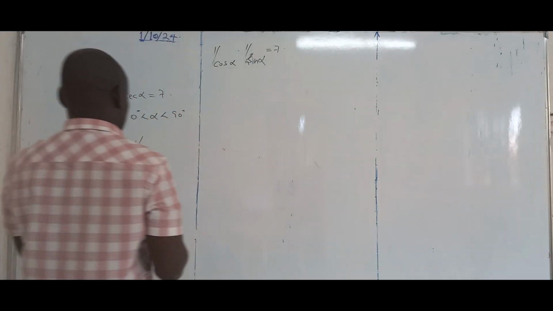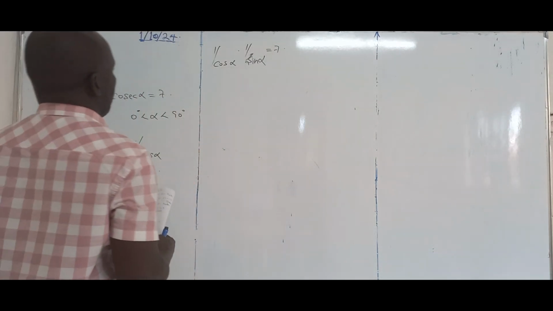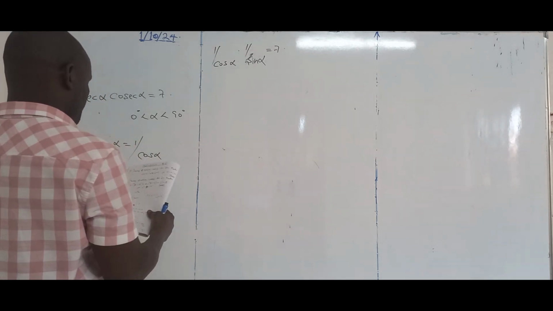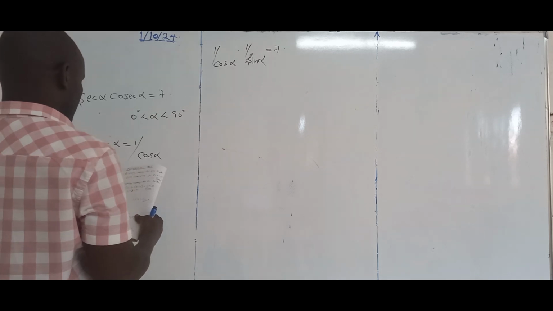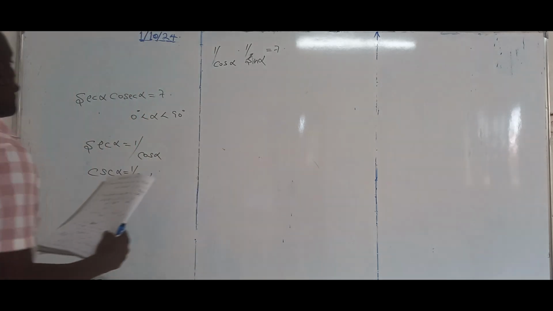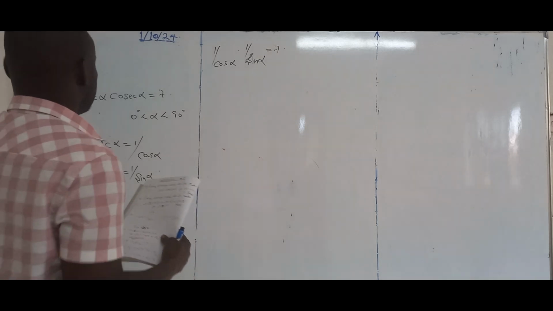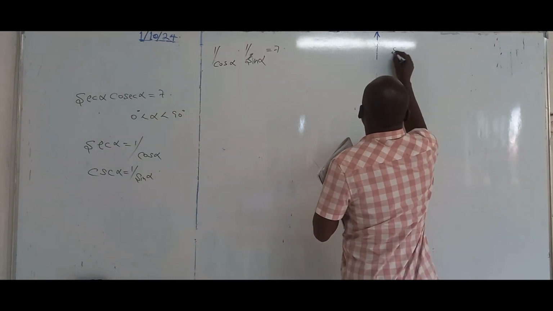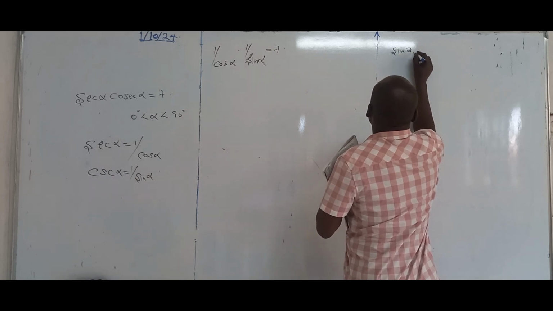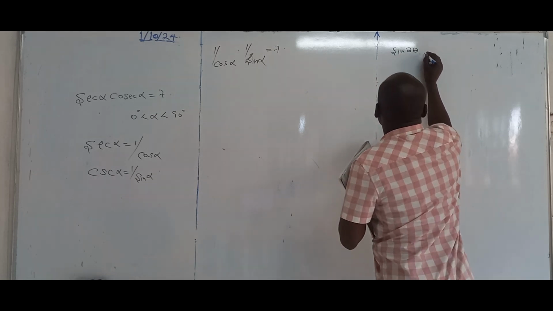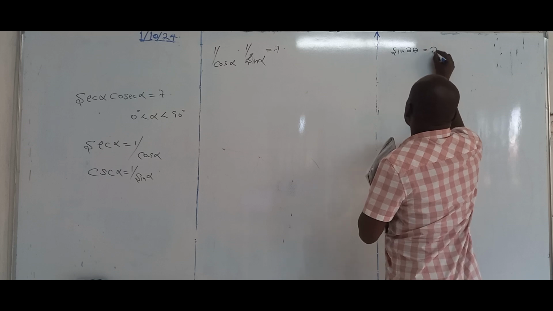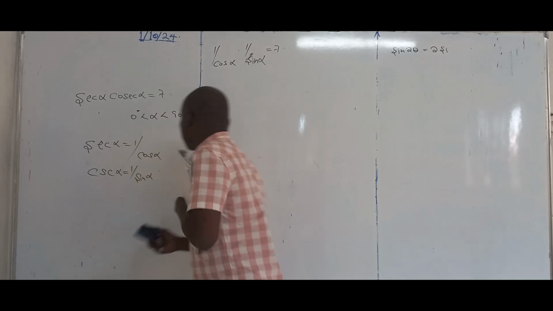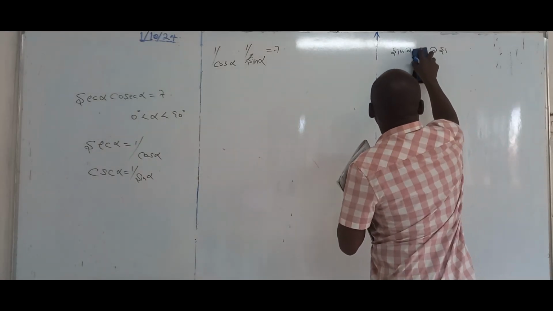Then let's use the identity that sine 2 theta is equal to 2 sine theta cos theta. Let me use alpha because we are dealing with alpha.